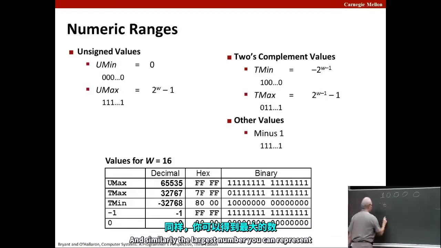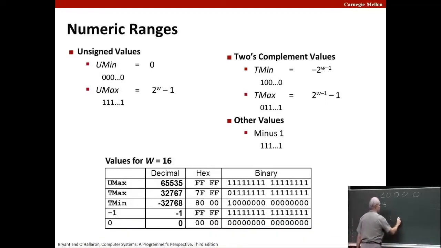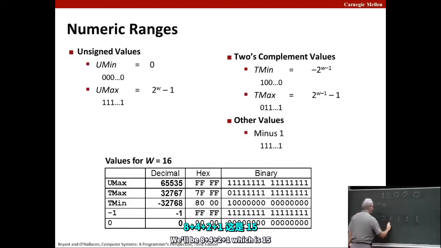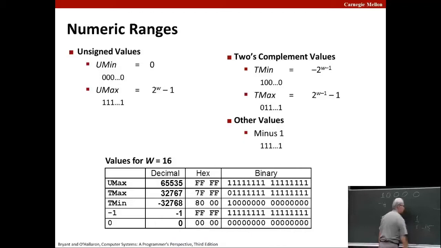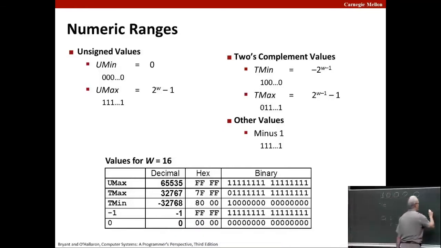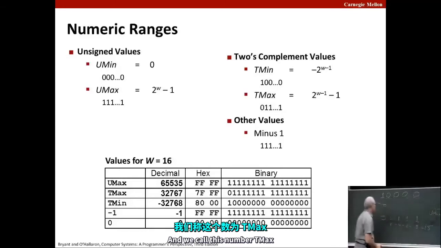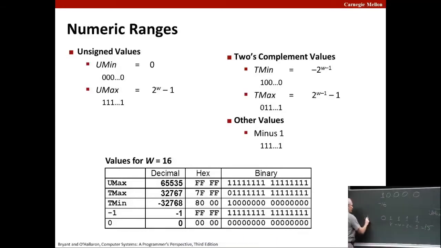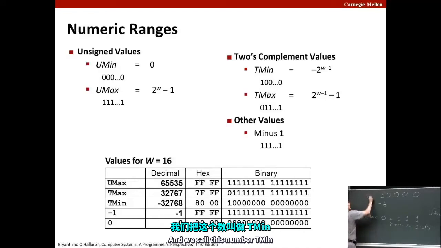And similarly, the largest number you can represent will be 8 plus 4 plus 2 plus 1, which is 15. And so we call this number U max. And we call this number T max. And we call this number T min.